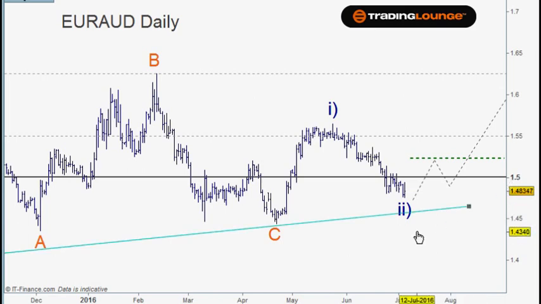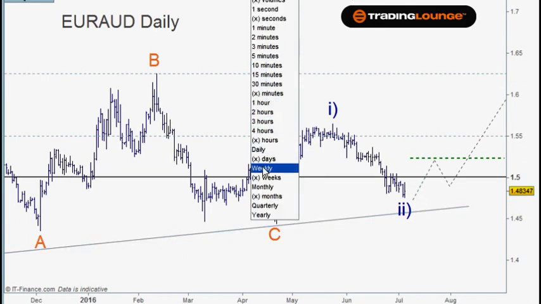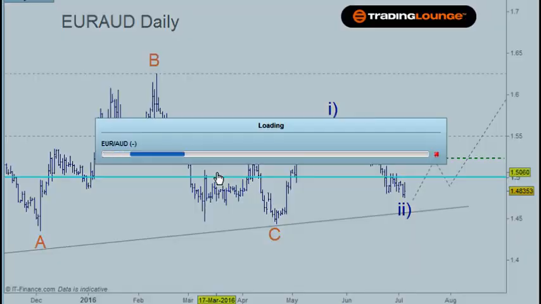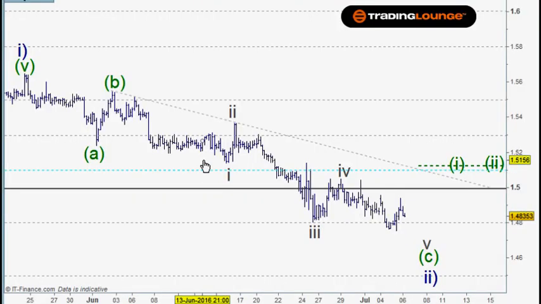Now, obviously we're not seeing any sort of strength coming into this particular market at this stage, but we need to basically just stay with the wave count here, and the wave count is down to the A wave, the B wave here, 1, 2, 3, 4, 5 for wave 1, back for wave 2, 1, 2, 3, 4, and 5 for the third wave, the fourth wave, and the fifth wave here.